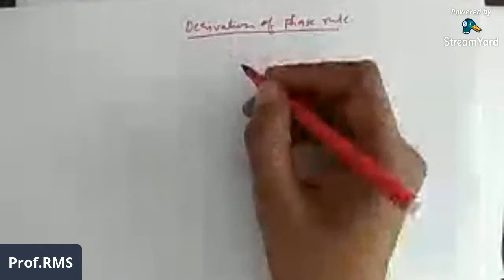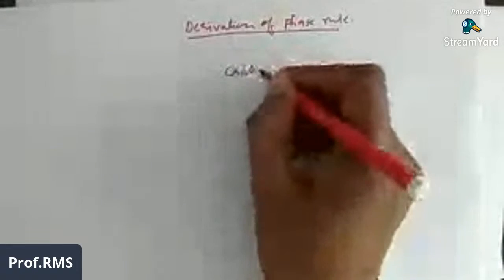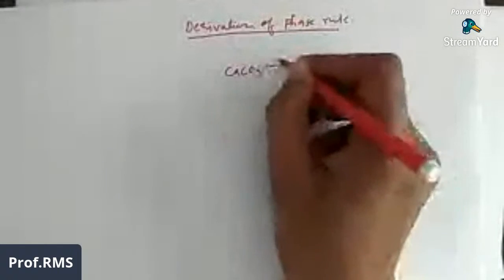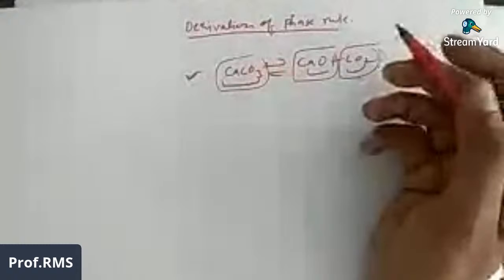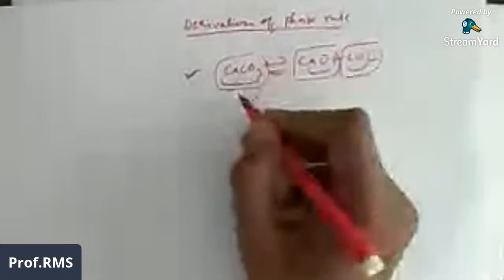We took an example of this equilibrium in the previous lecture. For each phase, we expressed it through the components. This system was a two component system, and each phase was expressed through these components.